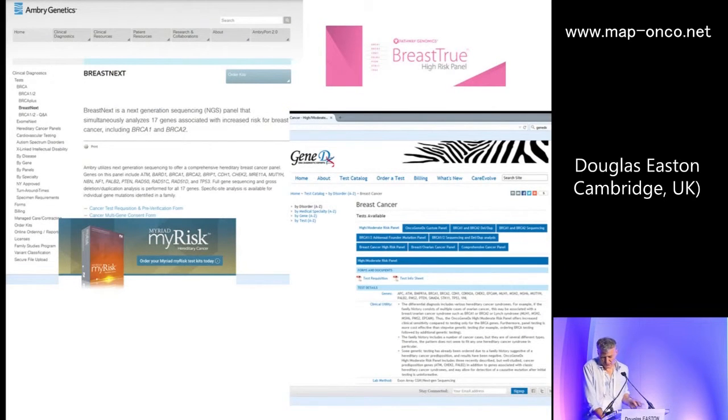And one of the reasons it's become clinically important is that gene panel testing has become widely available, particularly in the US. A number of companies have sprung up offering such tests. And these gene panels vary a lot. So there's not very much consistency actually between what different companies offer.